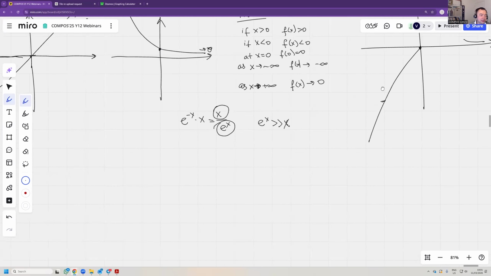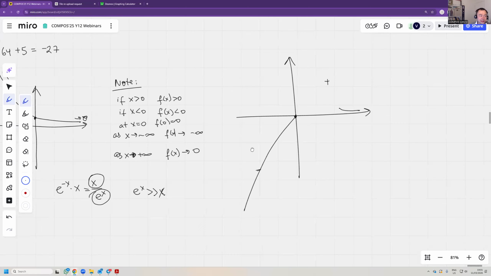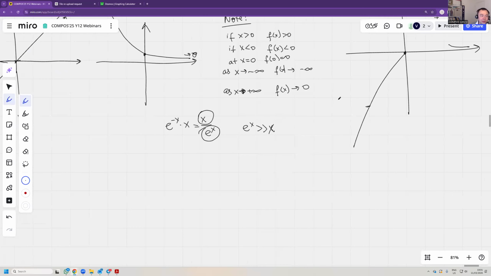And another thing, for small positive values of x, e to the power minus x is approximately 1, and therefore e to the power minus x multiplied by x is approximately x.